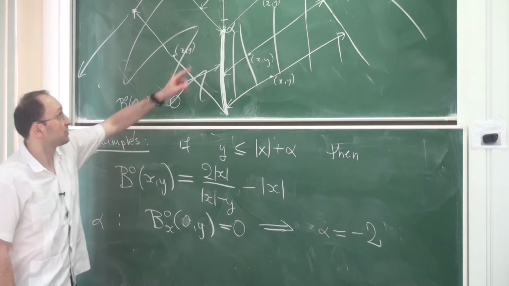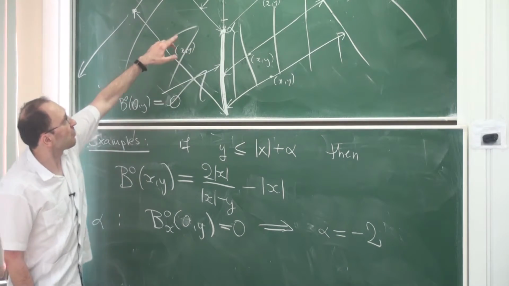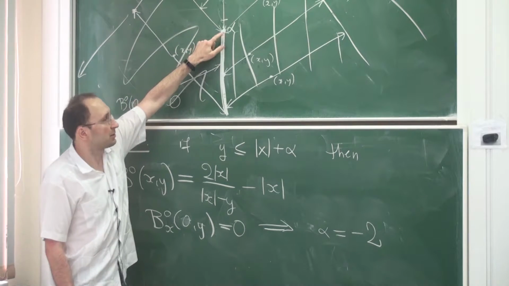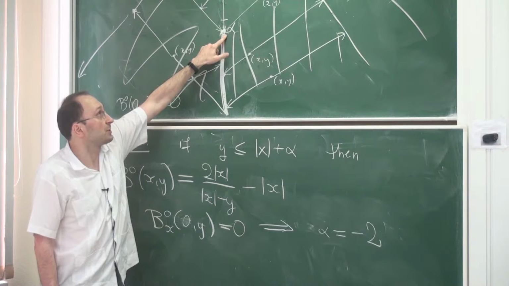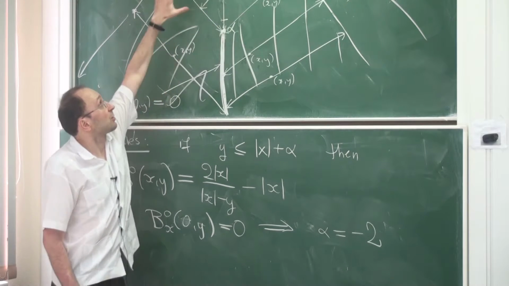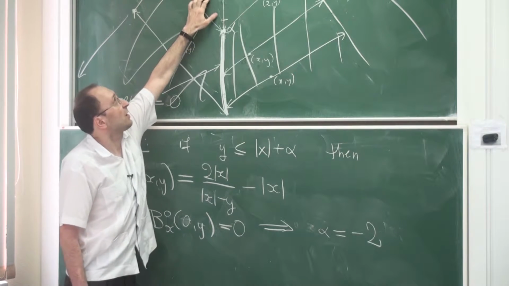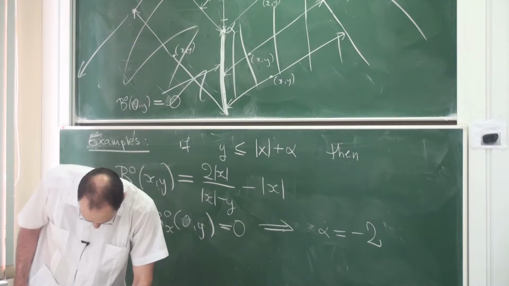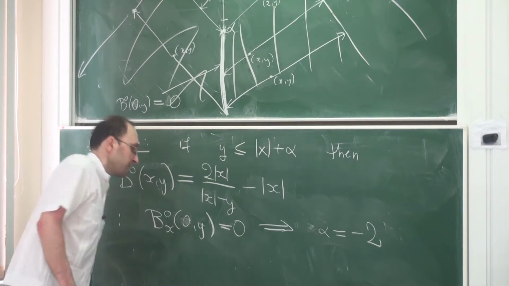Now we have everything, because the only thing that needed to be specified was this parameter alpha. So now we can compute this Bellman function also inside this square.